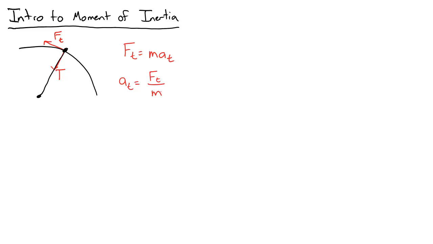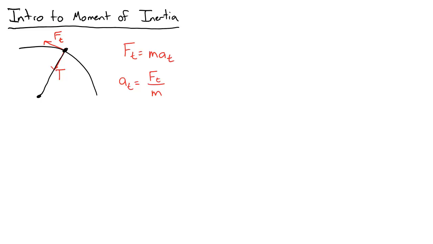Now, we also know that there is a relationship between our tangential acceleration and our angular acceleration. Since we know that the angular acceleration times the radius of something that is moving in a circular path is equal to the tangential acceleration, I'm just going to substitute in.